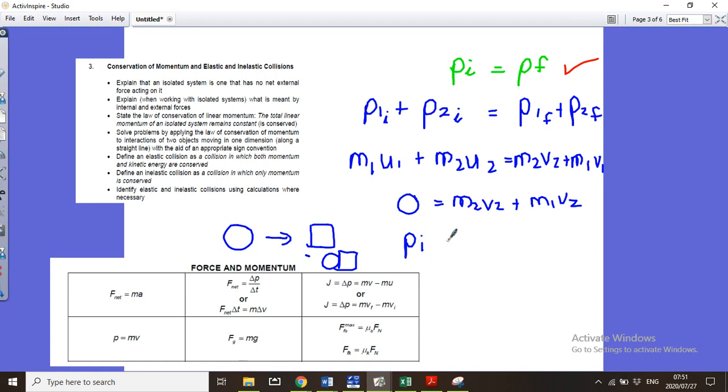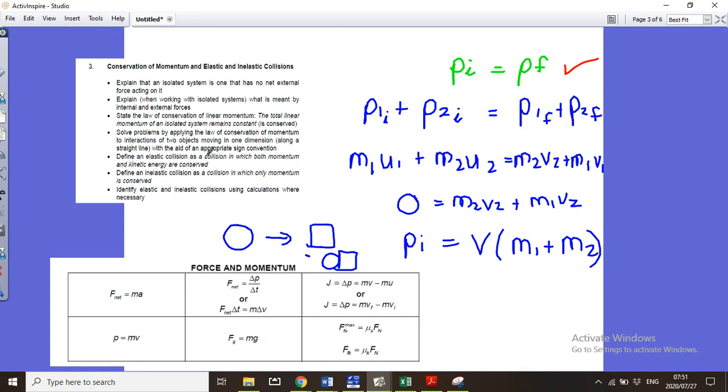So I'm just going to write initial momentum. Then final momentum, you can add their masses together because they're moving at the same velocity. So you can just call it V or VF if that's what you're doing, and you can add up the masses. But please remember, you can always go back to this original equation, fill in your values and calculate.